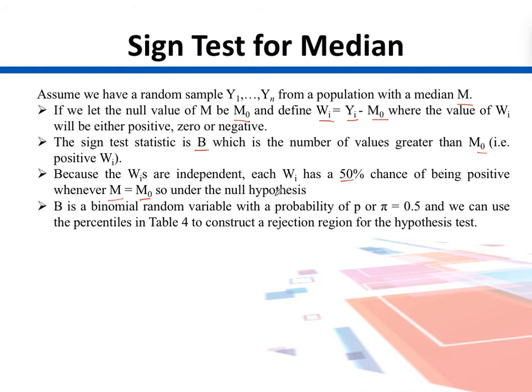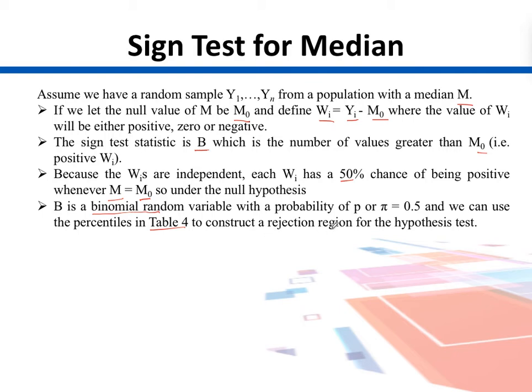So under the null hypothesis, we can call this b a binomial random variable, because there is an equal chance of getting selected. The probability is 0.5, that stays the same. And we can use the percentiles in table 4 as we did before in the previous session where we did this confidence interval based test for the medians.